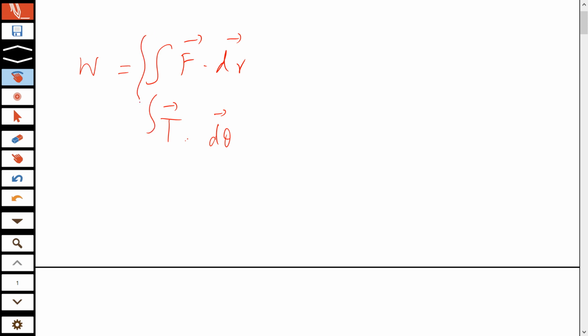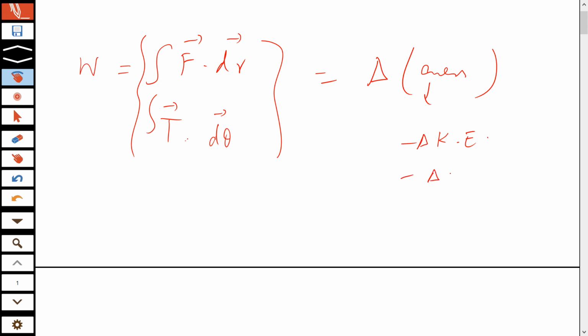It can be any of these two. And this leads to a change in energy. In some case it was kinetic energy, delta KE. In some case it was gravitational potential energy. In some case it was a change in thermal energy.